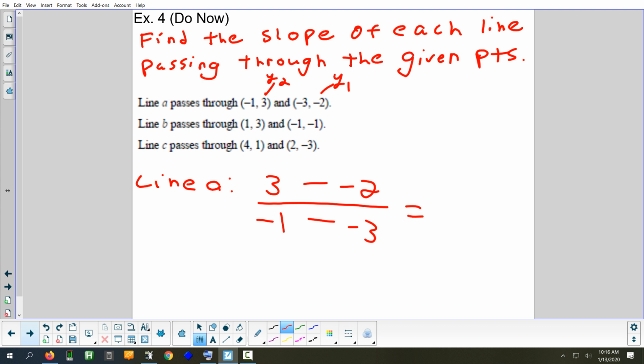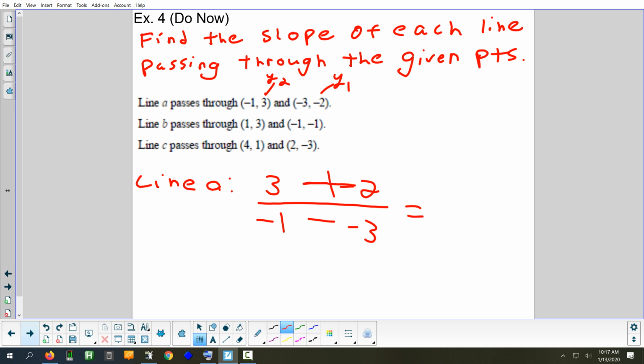What's 3 minus -2? What happens when you minus a minus? What happens to the 2 minuses? You add it.